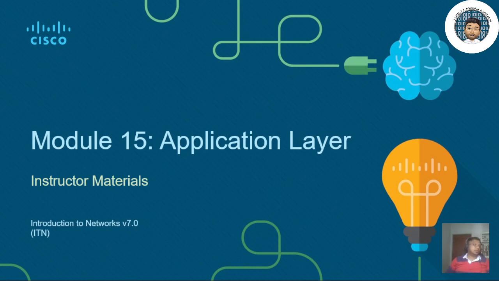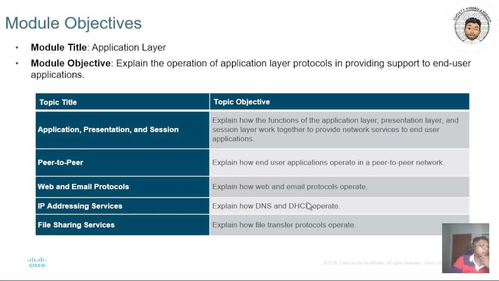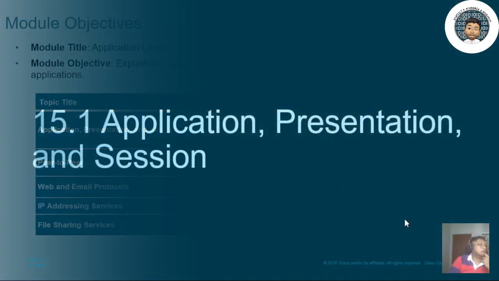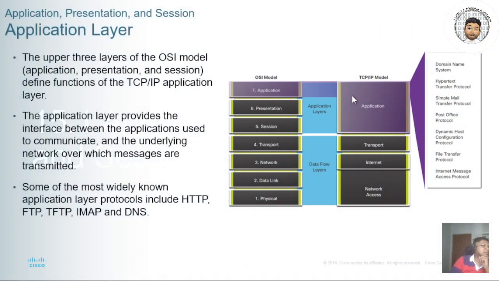Previously we talked about the transport layer, which is one layer beneath the application layer. The top one, the highest one, is what we call the application layer. In the application layer there are three terms you need to remember: application, presentation, and session.